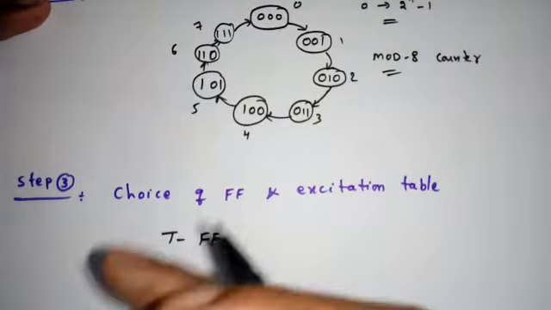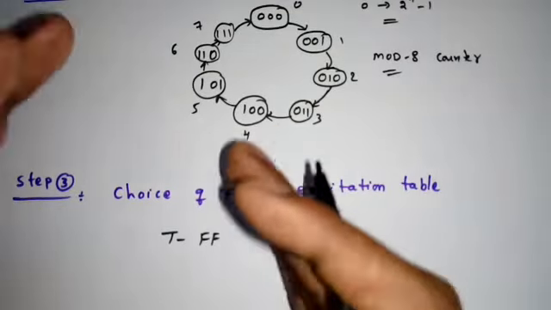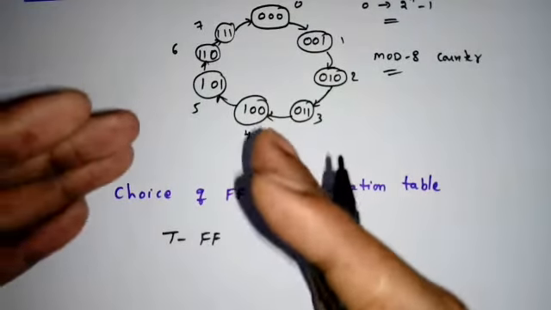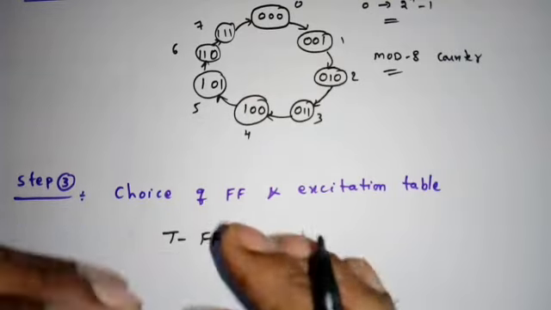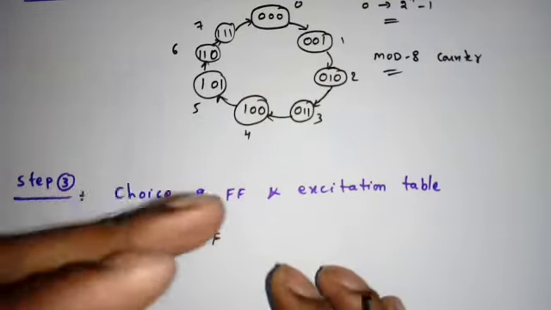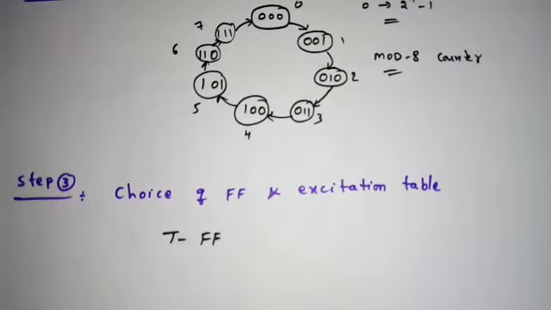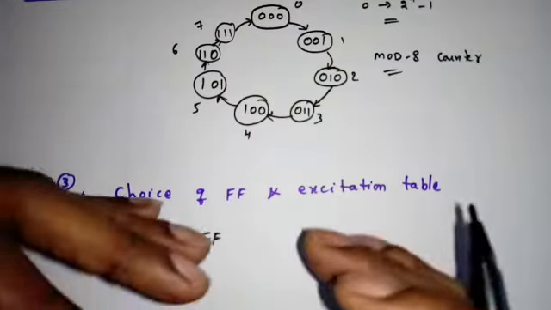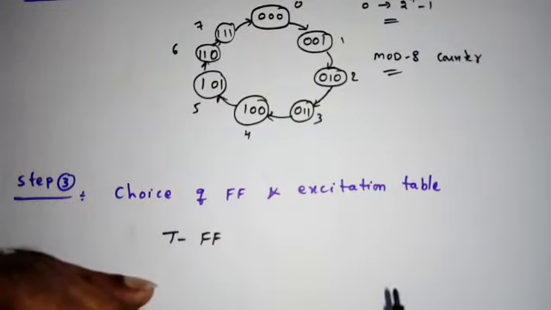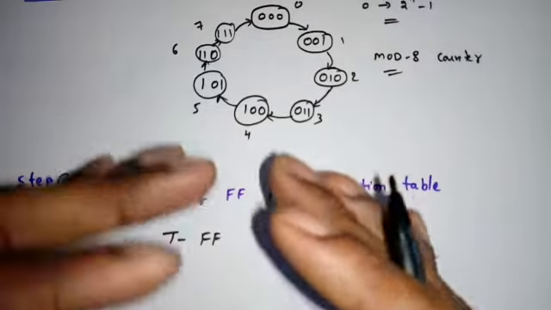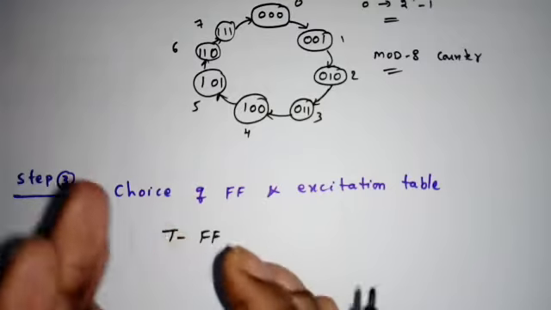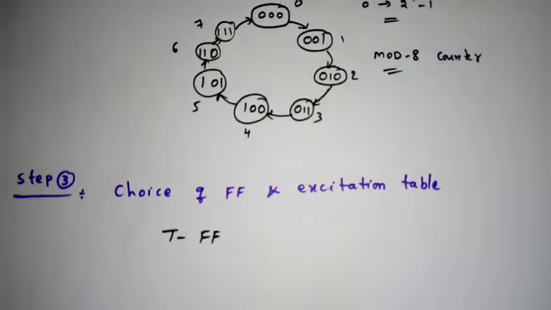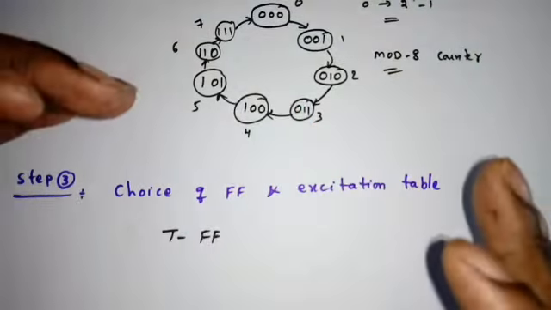The reason is, when minimizing the expressions for 3 flip-flops, we get 3 K-maps if we use T or D flip-flop. If we use JK flip-flop, we get 6 K-maps for this 3-bit synchronous counter. For a 4-bit synchronous counter, we get 8 K-maps with JK flip-flop. So that's why go for T flip-flop or D flip-flop. But remember, in the exam they may give any flip-flop.